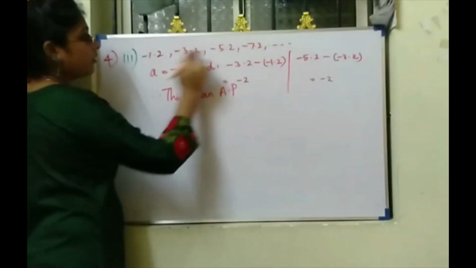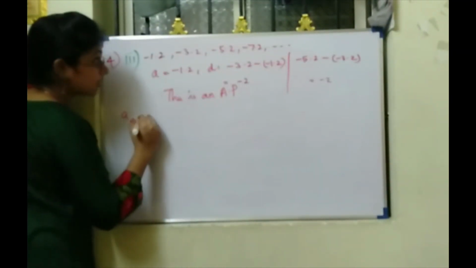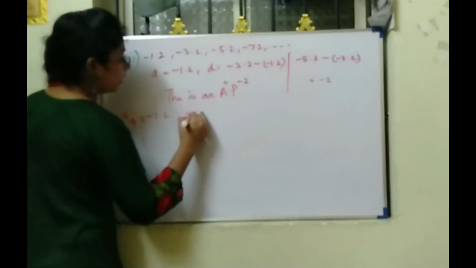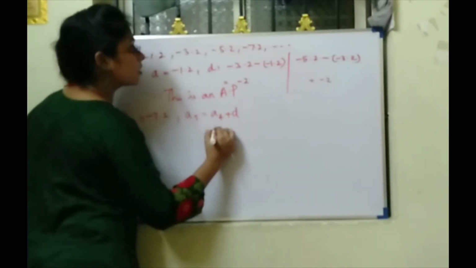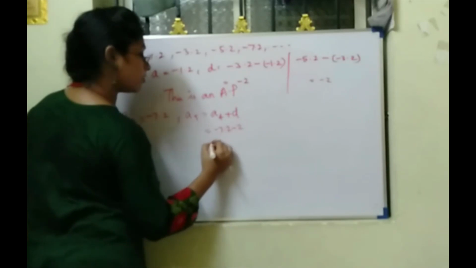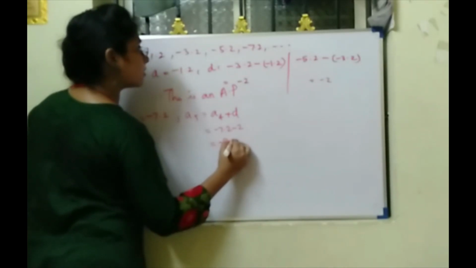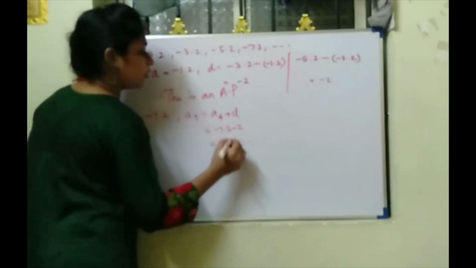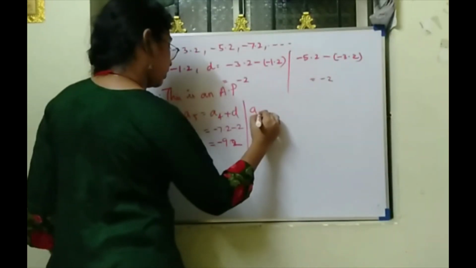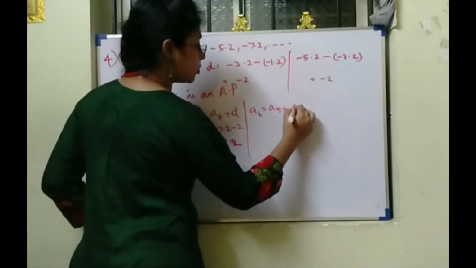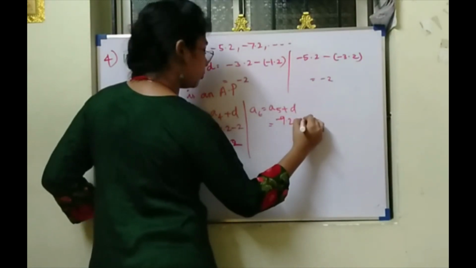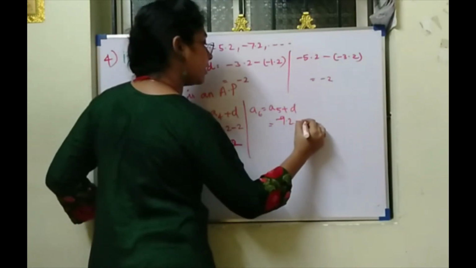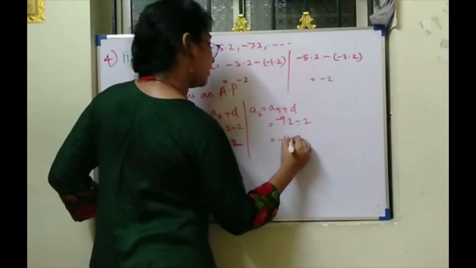Here they have given four terms. So A4 is minus 7.2, and A5 will be A4 plus D, which is minus 7.2 minus 2, which is minus 9.2. A6 will be A5 plus D, which is minus 9.2 minus 2, which is minus 11.2.